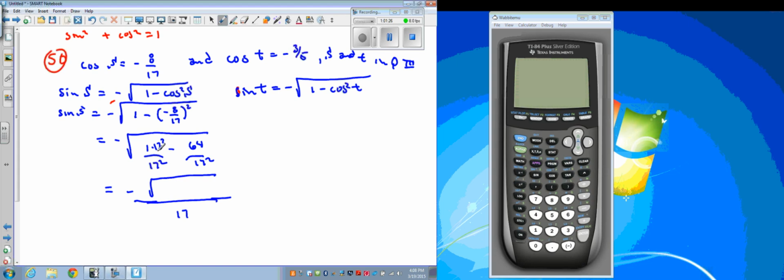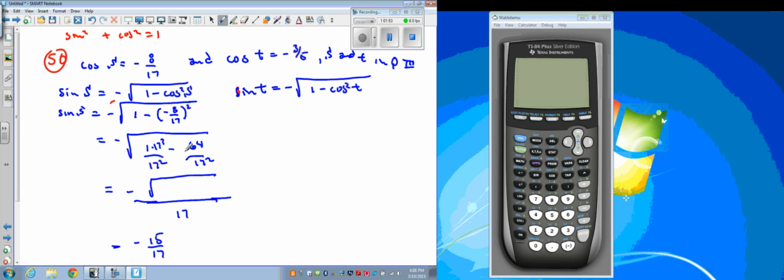That numerator is, what is that number? No, you're subtracting, so it's 17 squared. What is 17 squared? I figured this out. It ultimately comes out to a minus 15 over 17.